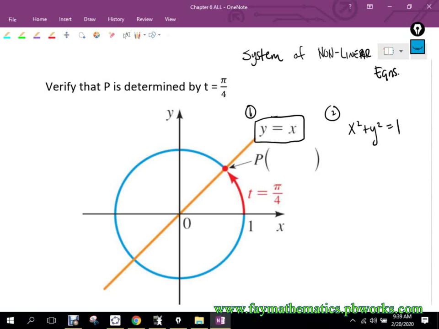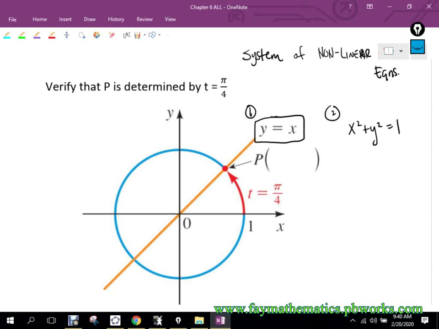Okay. So with nonlinear systems, I don't know how much you dealt with this in Algebra 2. We didn't do a whole lot in college algebra, but if I have two circles or two ellipses or two hyperbolas, because they have the same structure, maybe I can use elimination.